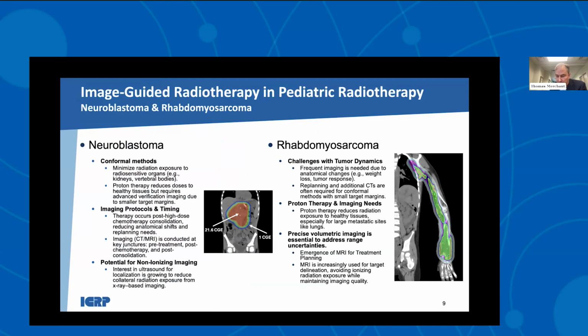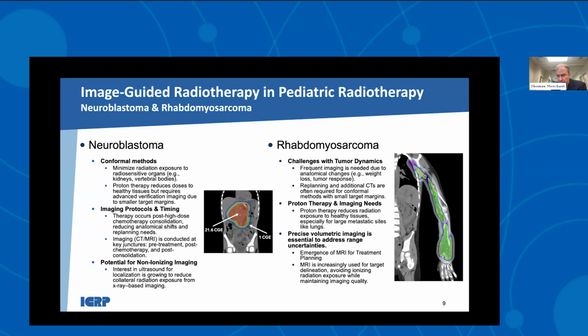Advanced imaging verification is critical because of the smaller clinical target volume margins used with more advanced methods. Radiation therapy for neuroblastoma typically occurs late in the treatment regimen following high-dose chemotherapy consolidation, and this timing reduces the likelihood of anatomic shifts in healthy tissues or responding tumors and might allow us to reduce the imaging frequency.